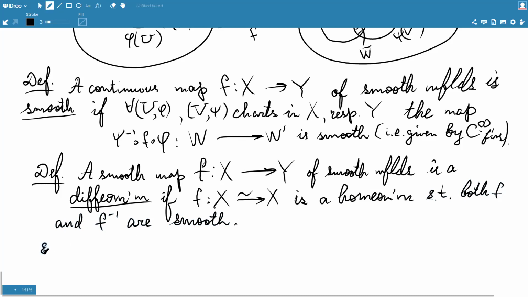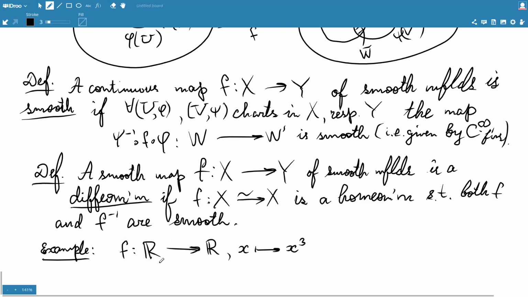Let me just give you a trivial example of a map which is smooth but not a diffeomorphism. Say, let me take for X just R and for Y just R, and send x to x cubed.